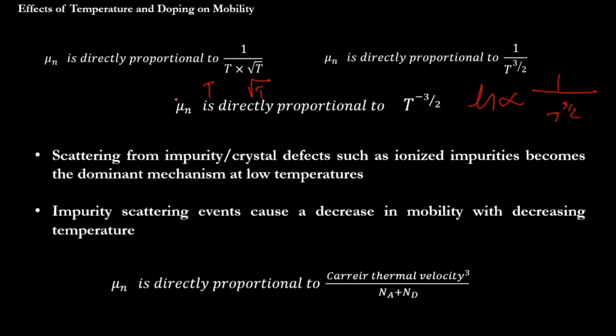So the mobility of electron is directly proportional to T to the power minus 3 by 2, the temperature effect on mobility.